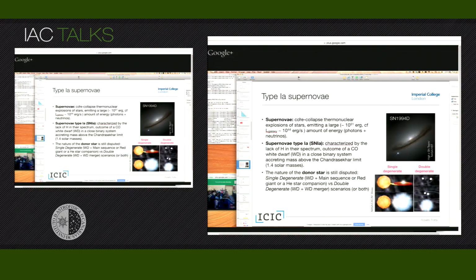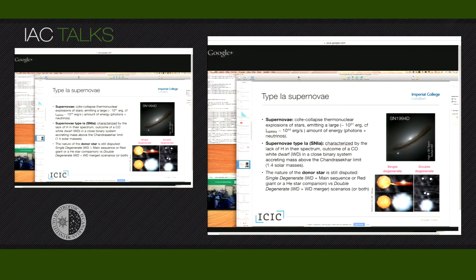At which point, as you remember from your nuclear physics courses, nuclear fusion does not release any more energy past iron. It becomes an endothermic process, which means that in order to fuse iron into heavier elements, you need to supply energy. Basically, you're running out of fuel.